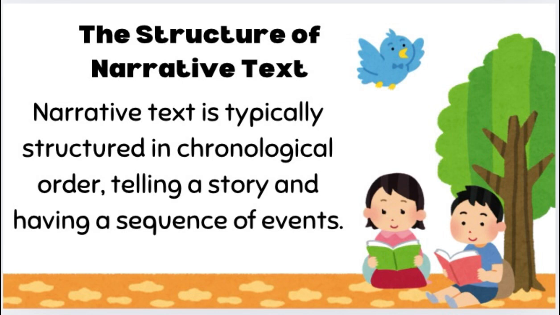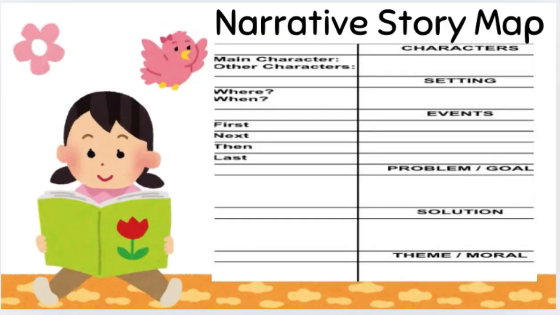It tells a story step by step, usually starting with an introduction, let's say setting and characters, followed by a series of events like conflict and rising action, and ending with a resolution or conclusion. When we say it's structured in chronological order, it means the story is told in the same order that the events actually occurred. Now we have here a narrative story map.